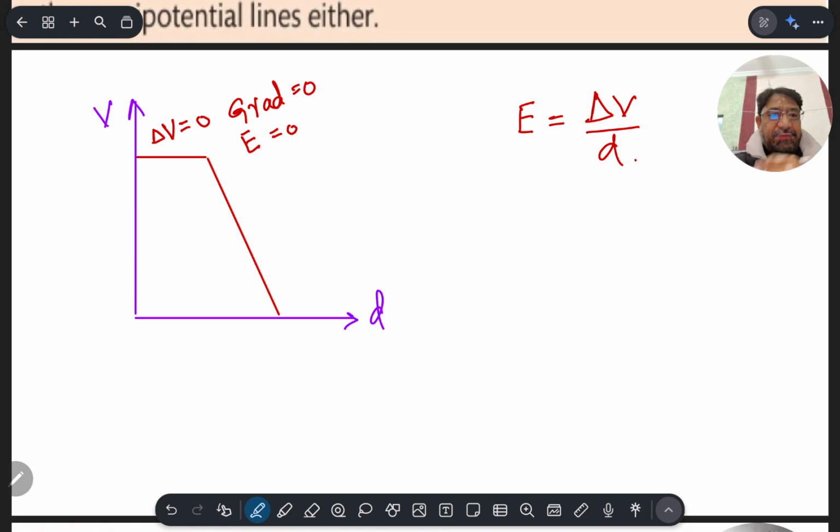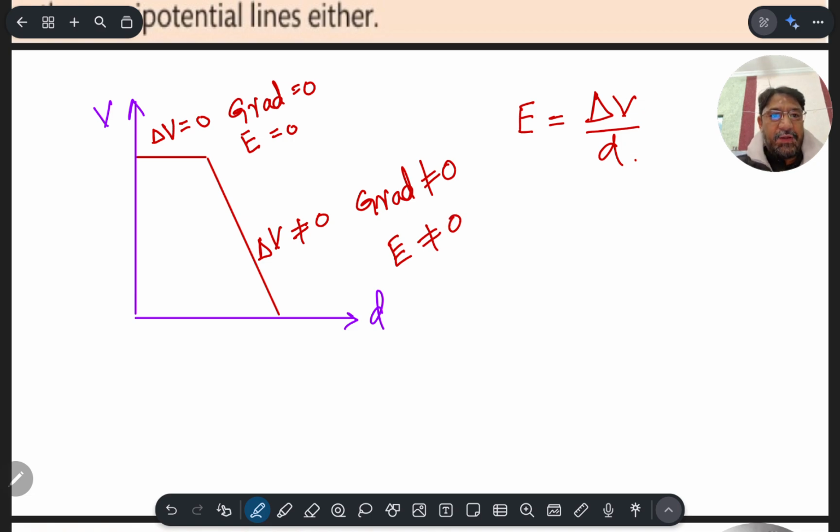When I define electric field, there is no force acting here. In the same way, here the potential varies and is not equal to zero, so the gradient is not equal to zero. When the gradient is not equal to zero, definitely your electric field strength is not equal to zero.